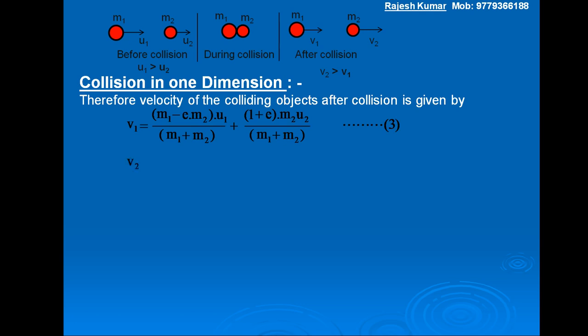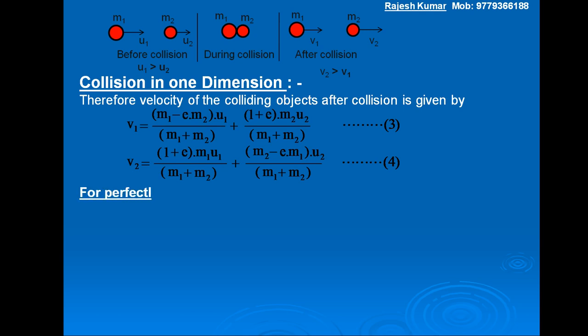And V2 equal to (1 + e) M1 U1 upon (M1 + M2) plus (M2 − e M1) U2 upon (M1 + M2). This is the value of V2, the velocity of the object of mass M2 after collision, and this is equation number 4.